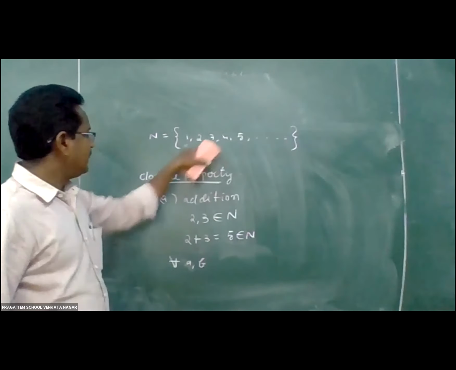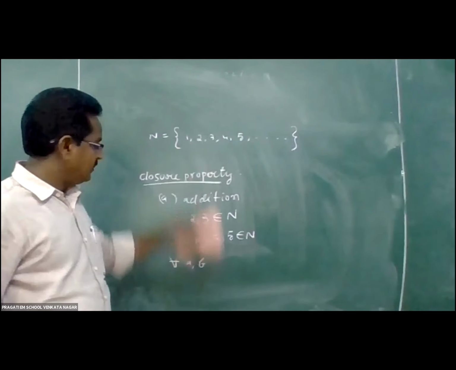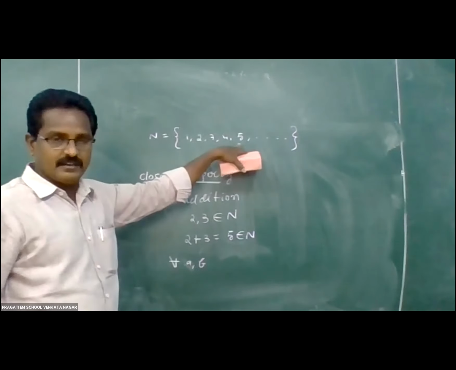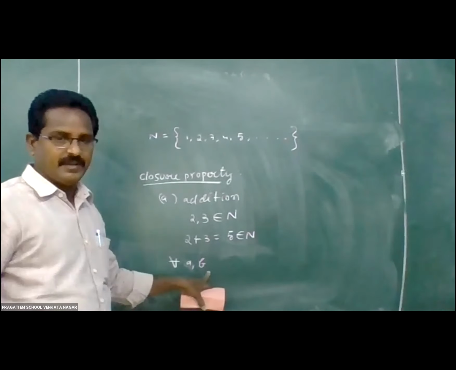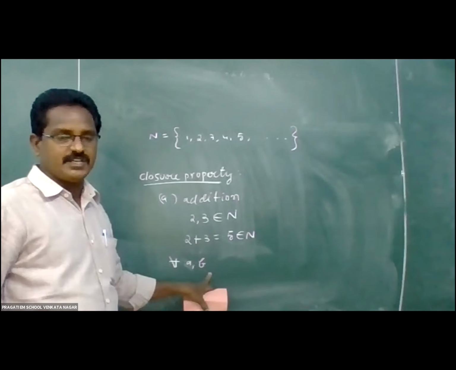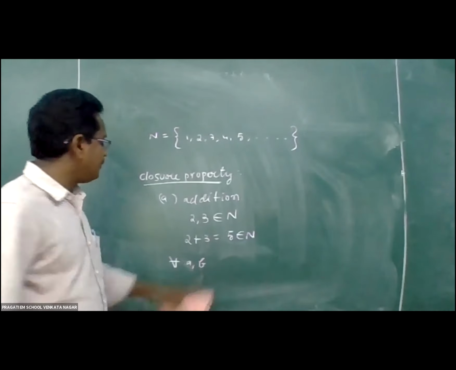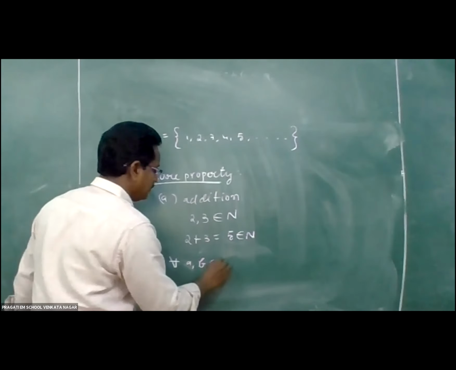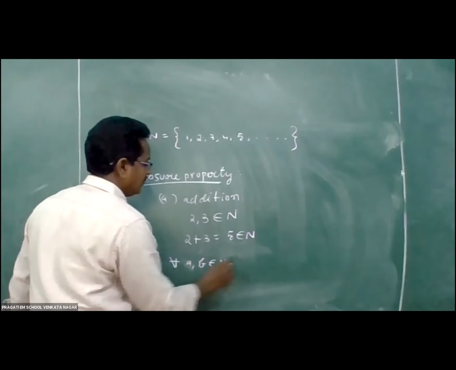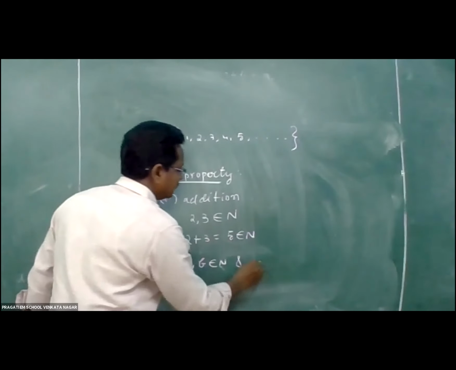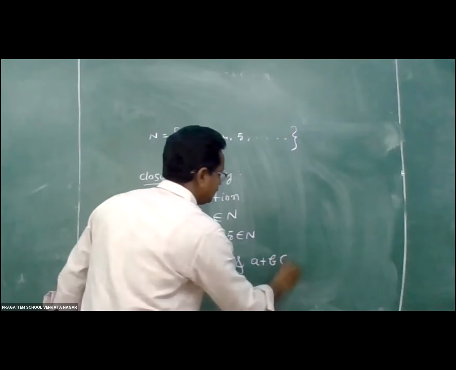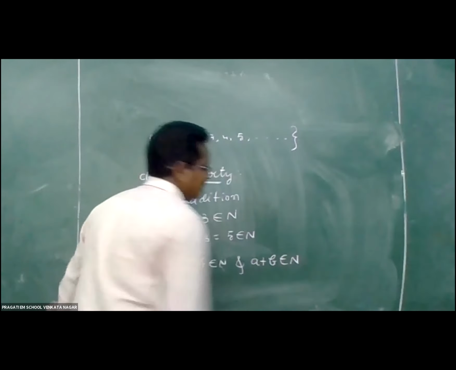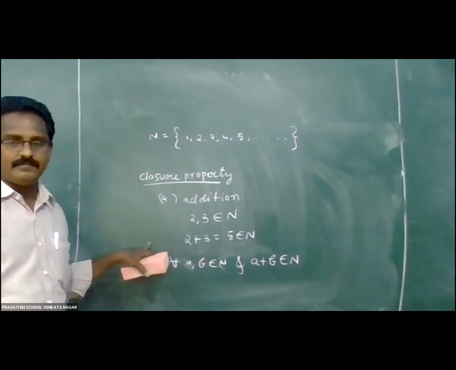A means any number from set N, B means any number from set N. That is the reason I use the English alphabet a, b mathematically, as variables. For all a, b belongs to N, the result a plus b is also a natural number from this set.